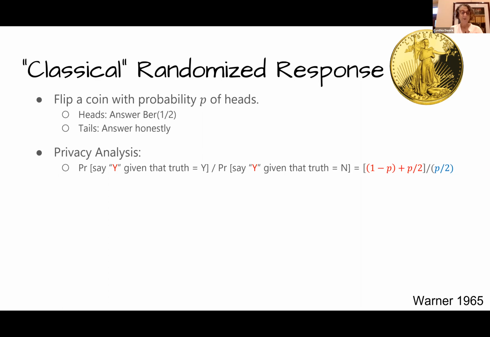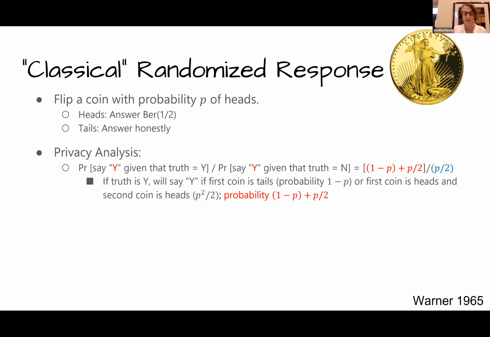The probability that you say yes, I floss regularly, given that the truth is yes, divided by the probability that I say yes, given that the truth is no, is this expression. So if the truth is yes, you'll say yes if the first coin is tails, which has probability 1 minus P, or the first coin is heads and the second coin is heads, which should have written 1/2 there. P over 2, not P squared over 2.